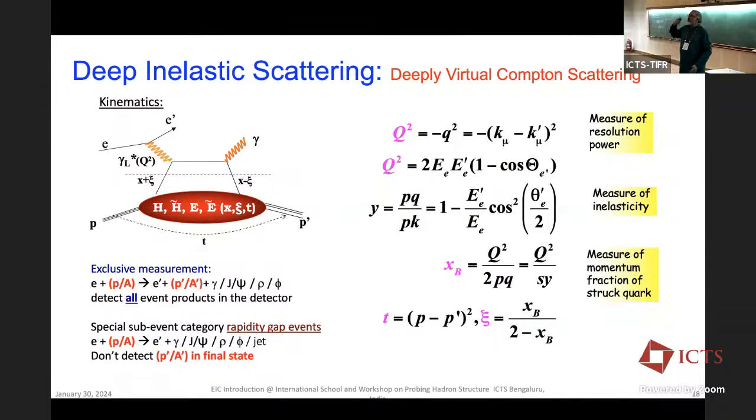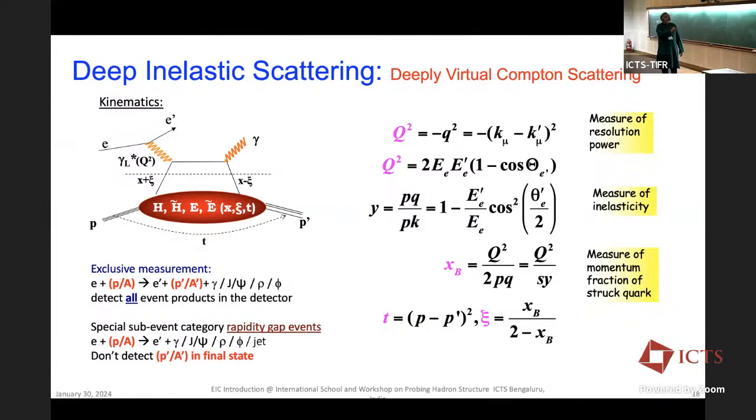So we want to measure something called deeply virtual Compton scattering. The proton doesn't get destroyed, but here's an example where the photon comes through, interacts with the quark, excites the quark, that de-excites, gives a photon, and the quark sits back into the proton. And here, we have to measure the scattered proton to confirm that I did not destroy the proton.